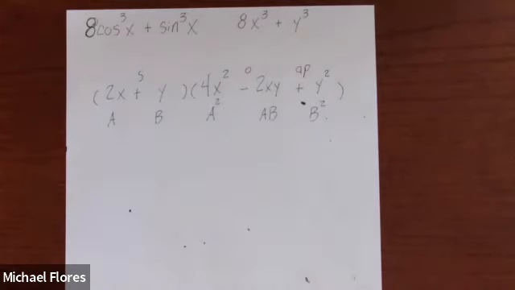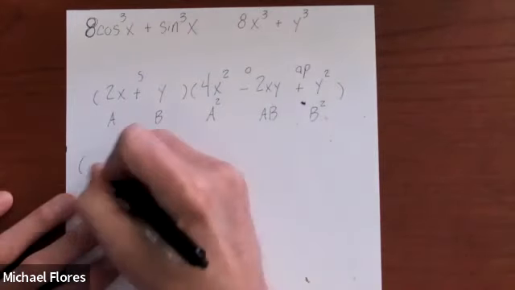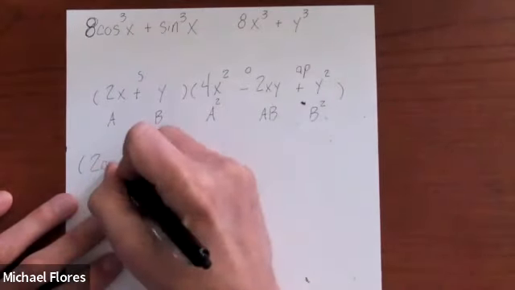Now we have to substitute cosine everywhere we see an x. We have to substitute sine everywhere we see a y. More accurately, substitute cosine of x, substitute sine of x. So here we would have 2x.